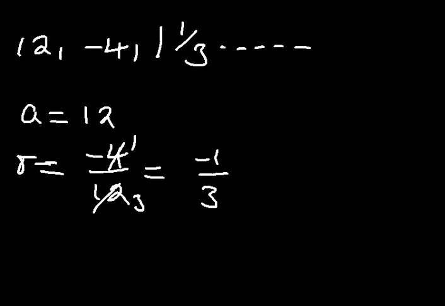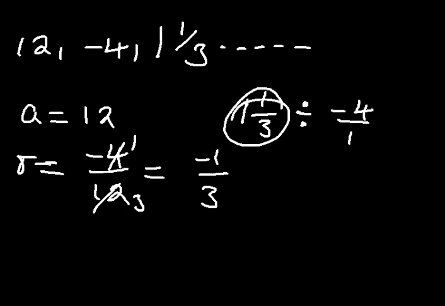Or else we can also get the common ratio using these two values, where you will be required to express the mixed fraction as a single fraction. We have 1/3 divided by -4 in that case.